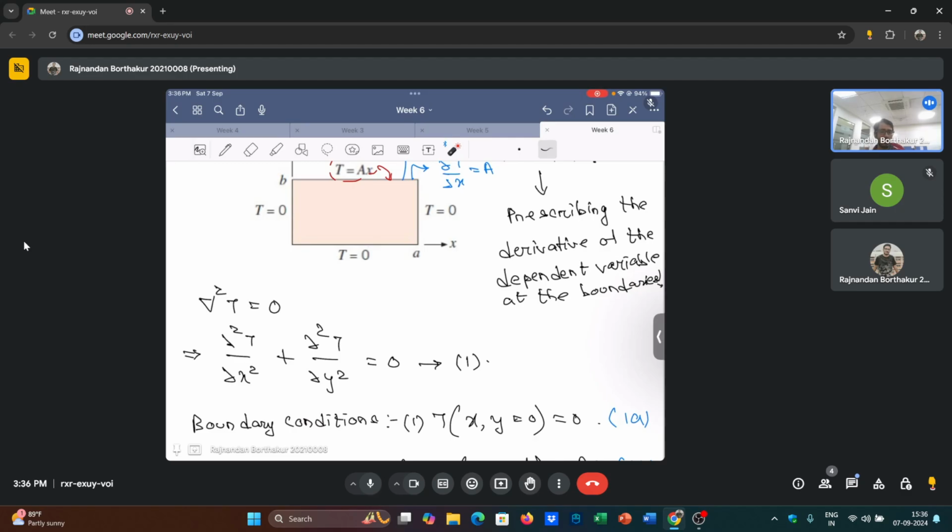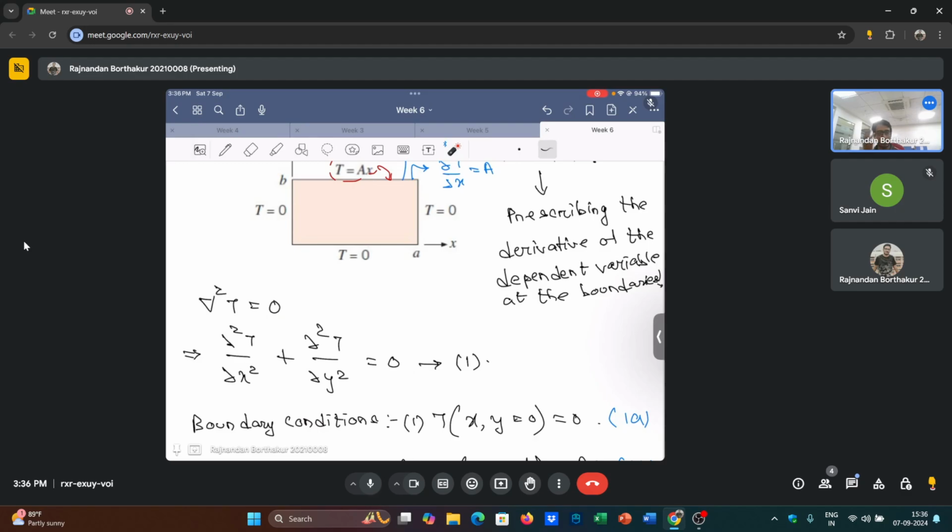We will decompose this problem into two simpler problems by using superposition. Then we collect the answer from one problem and the other problem, and add the answers from these two problems to get the total solution. This decomposition into two simpler problems is possible because our governing equation is linear in nature. So long as you don't have a non-linear governing equation, you can always use the method of superposition.